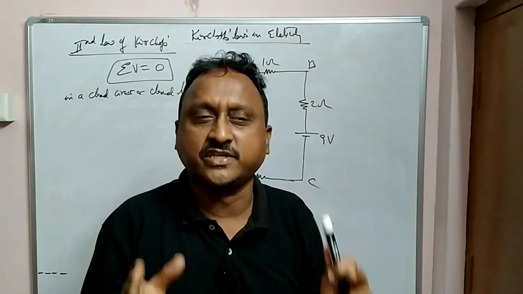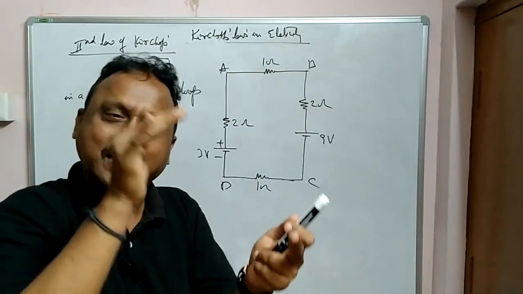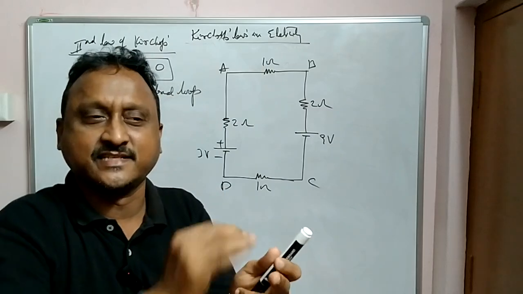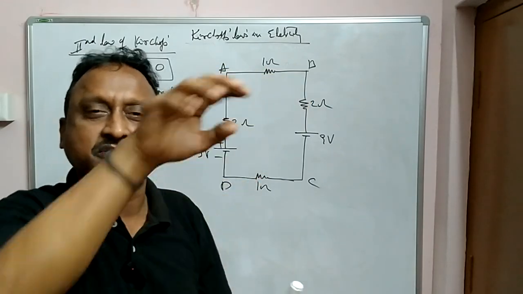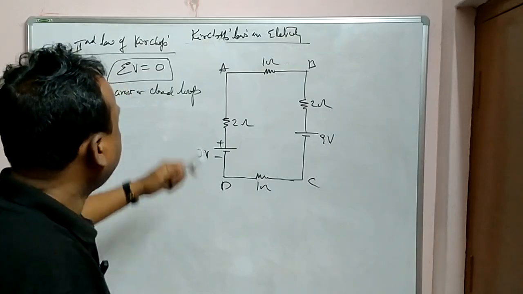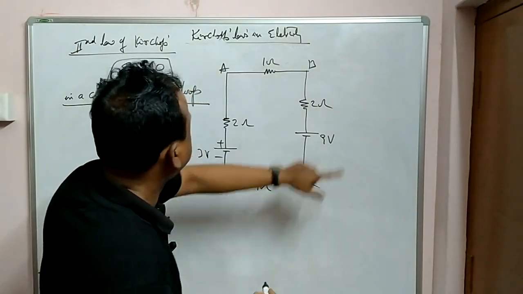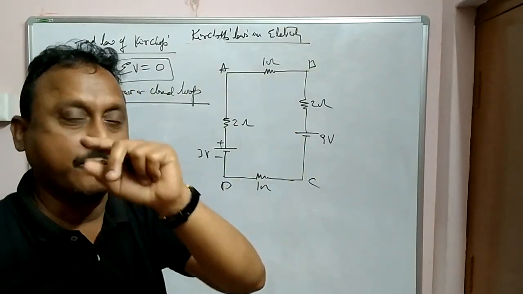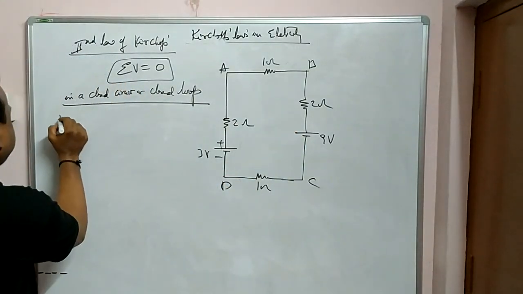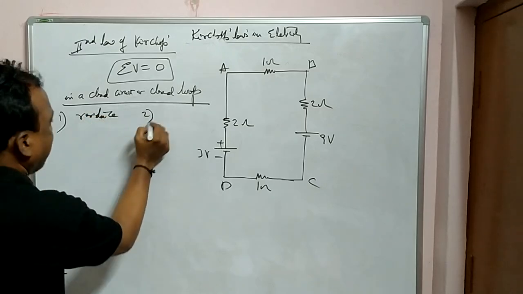Sigma V is equal to 0 means the algebraic sum of the potential differences, that means product of current and resistances, in a closed loop or closed mesh or closed circuit is equal to 0. We'll try to explain this one. For example, see this figure. Before going to this one, I want to tell regarding resistance and regarding cell.